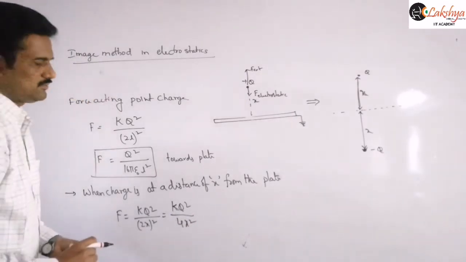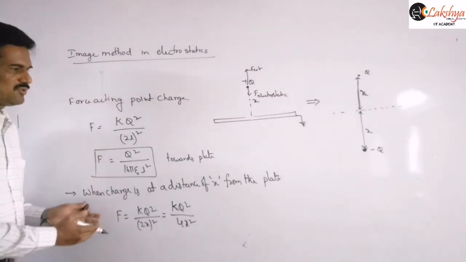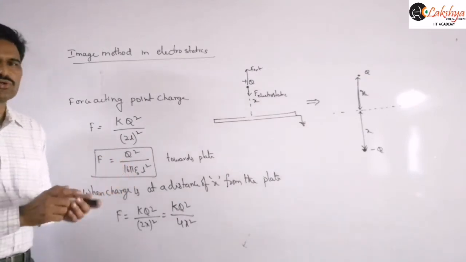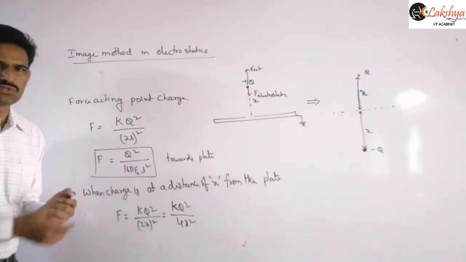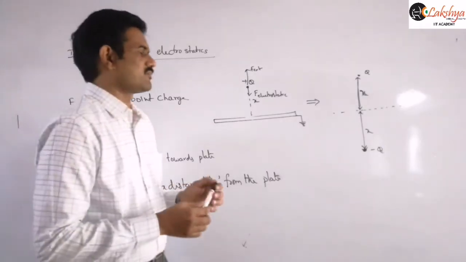And now this amount of force will be equal to the external force because we are displacing the charge slowly, so that there is no acceleration for this charge here.